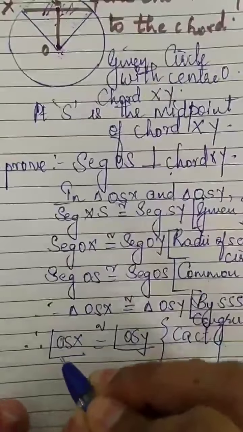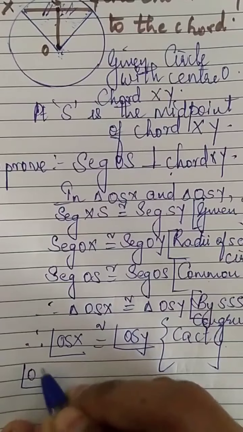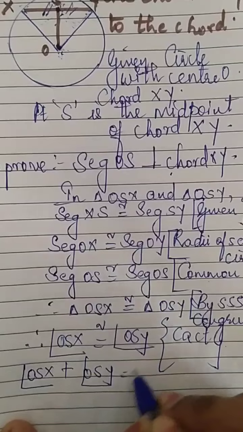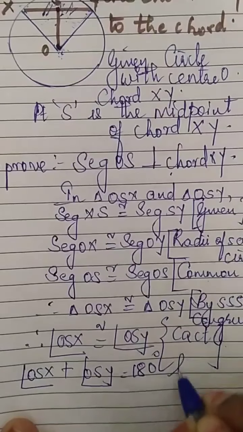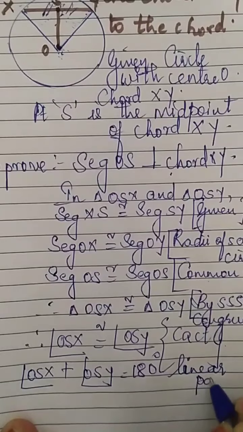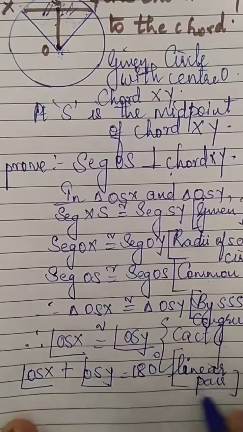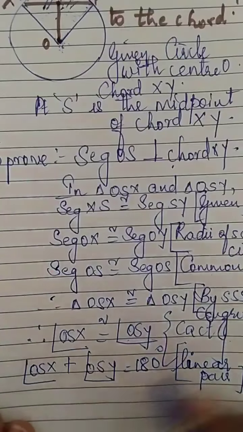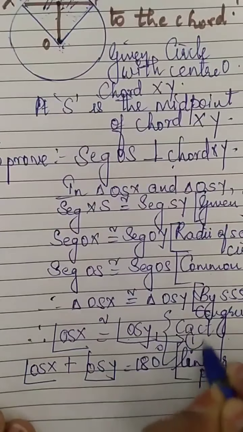So that property I'll use. Angle OSX plus angle OSY is equal to 180 degree. Linear pair, write the answer. LP, linear pair. So now OSX is equal to OSY. So this you give it as number 1.